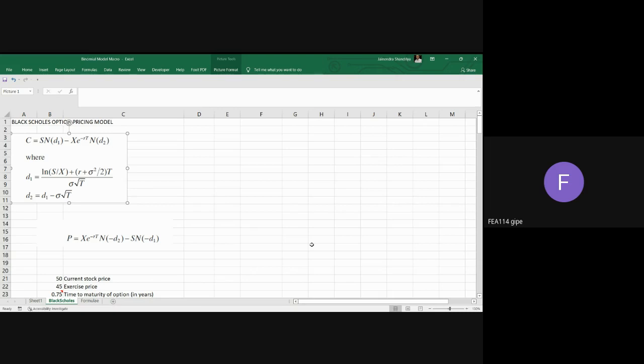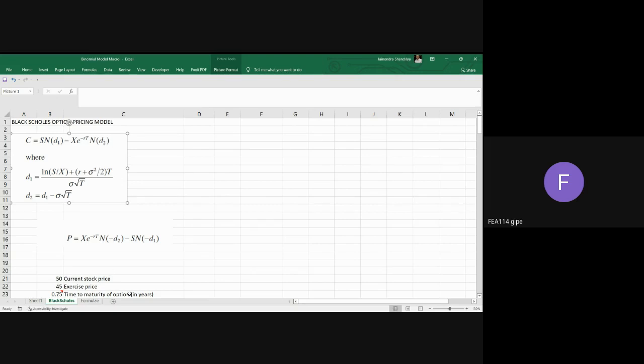So Fisher Black didn't get the prize, but fortunately, another gentleman, Robert C. Merton, who had worked on this model and further improved on it, got the prize along with Myron Scholes for developing this option pricing model.